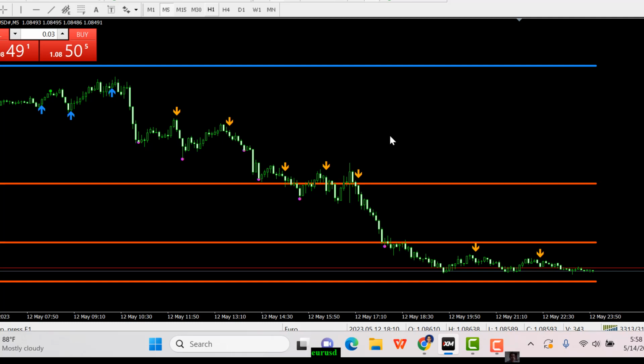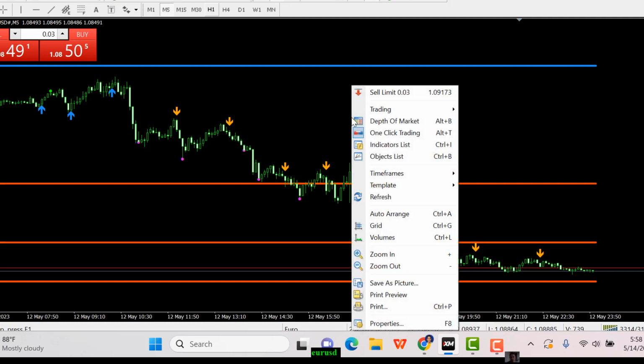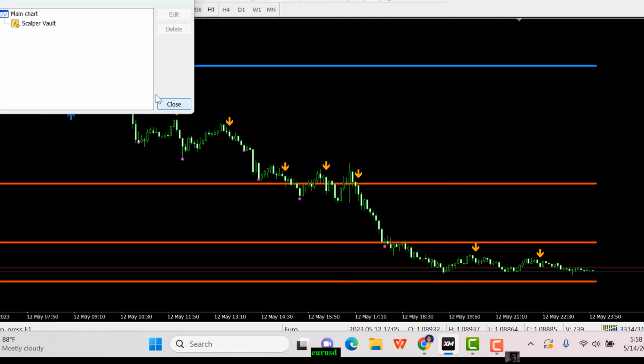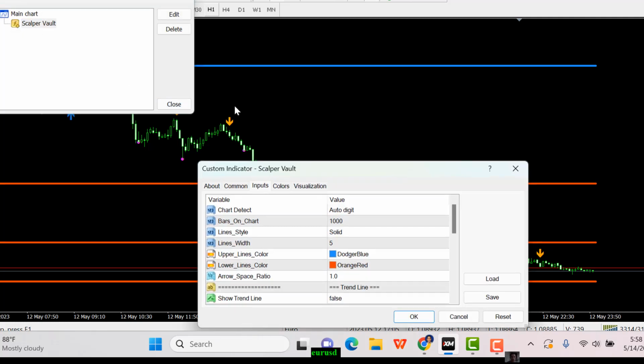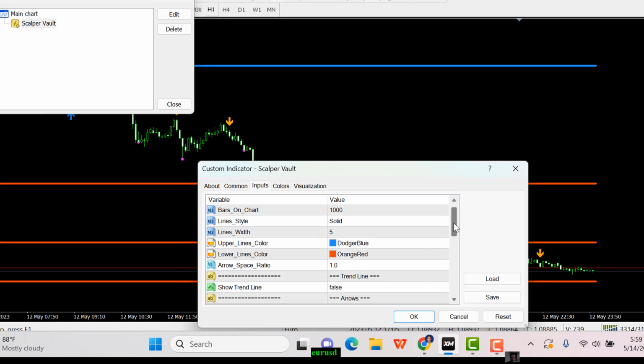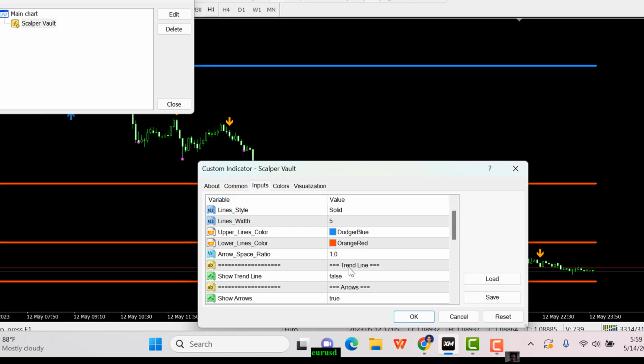Now, the next thing that I am very interested in with this indicator is the trend line. You can set it to true or false.